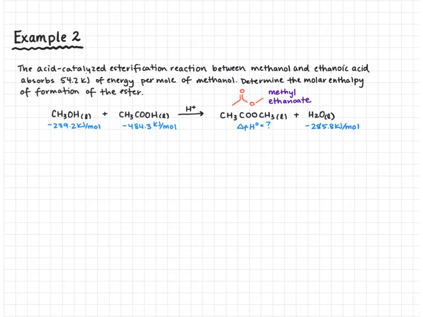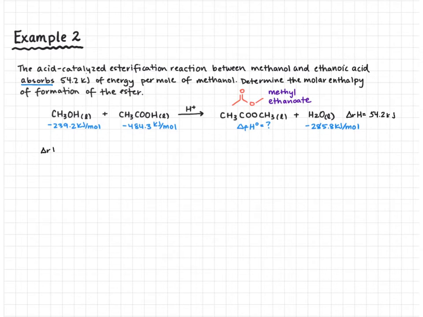And we know that our overall reaction enthalpy is positive 54.2 kilojoules per mole of methanol. It's positive because we're absorbing energy, so it's an endothermic reaction. We have 1 mole of methanol in our reaction, so our reaction enthalpy is 54.2 kilojoules.